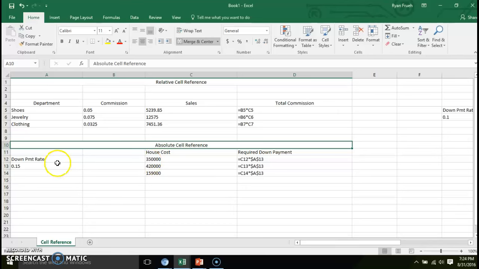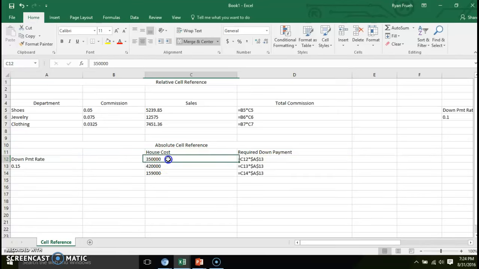I've created a field here, down payment rate of 15%, and we have three houses with various listing prices, and we want to compute the required down payment for each of these houses. So if you look here and notice in my computation, each one of these is going to require a 15% down payment.